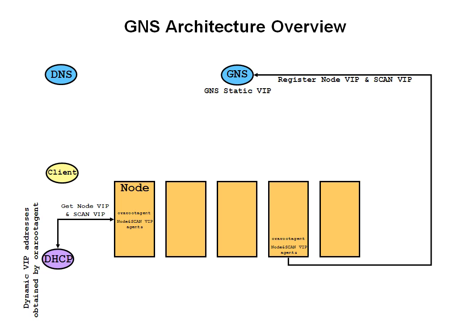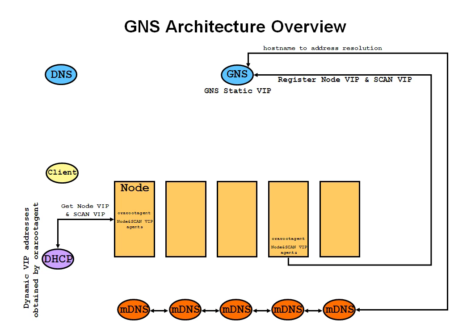As for the cluster node names, it is GNS that asks for hostname to address resolution using the MDNS process running on each cluster node. This is done using the MDNS protocol. The MDNS process sees all interfaces and addresses on a machine and associates them with host names.